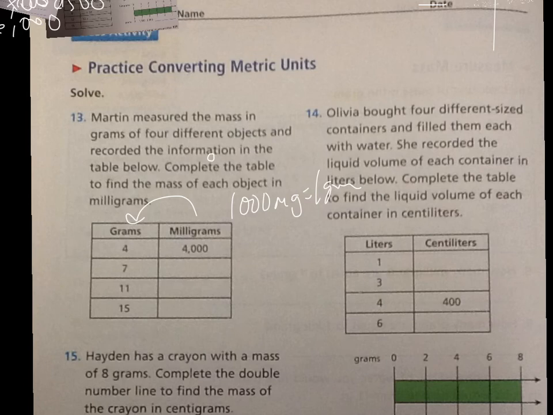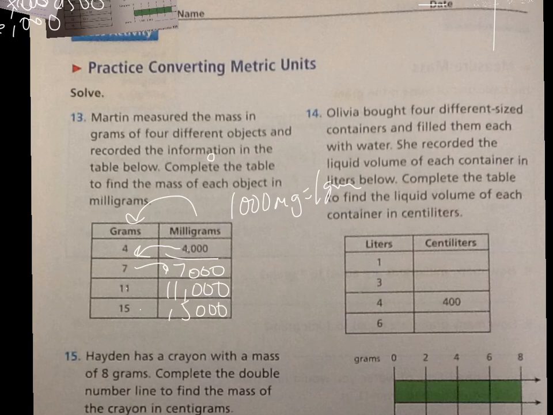Knowing that, you should have no problem converting it. Because if there's 1,000 milligrams in 1 gram, that means there's 4 grams would equal 4,000. 7 grams would equal 7,000. 11 grams would equal 11,000. 15 grams would equal 15,000.